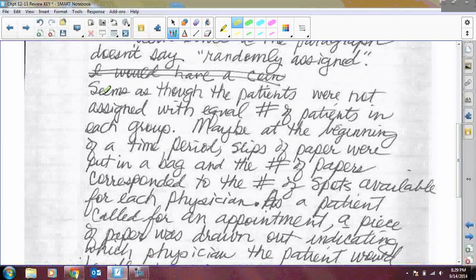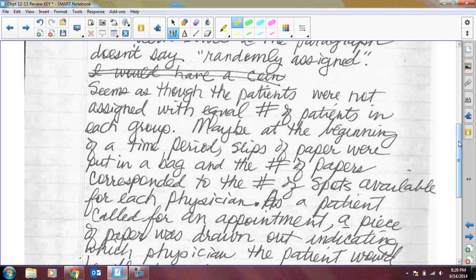And it seems as though the patients were not assigned with an equal number of patients in each group. So that was kind of strange. I don't know if that had to do with working hours. Maybe the doctor's going and doing surgery, so he actually did not get as many as the nurse practitioner. Maybe at the beginning of the time period, slips of paper were put in a big bag. Numbers of paper corresponded to the number of spots available for each physician.